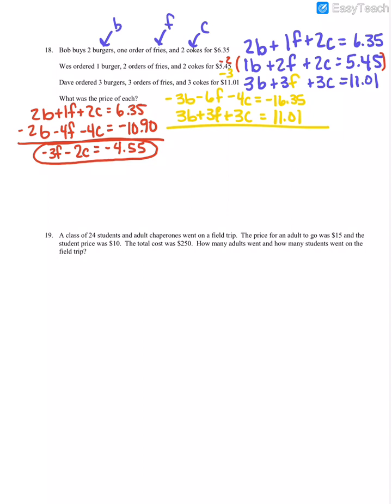Okay, that's better. That's why I was getting confused. B's are going to cancel, so I get -3F minus 3C, I did something wrong, that's a 6. That's better. Yes. So -3F minus 3C is equal to -534.